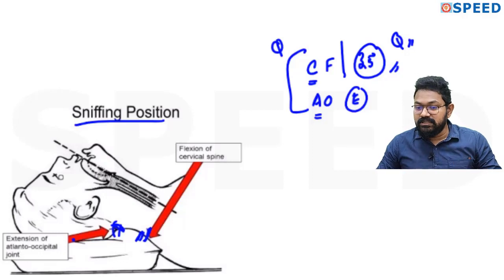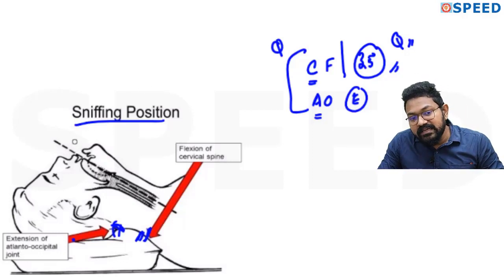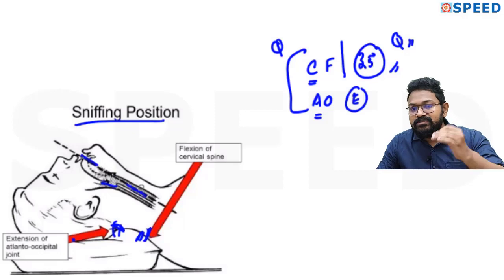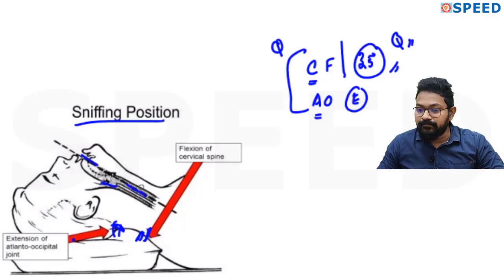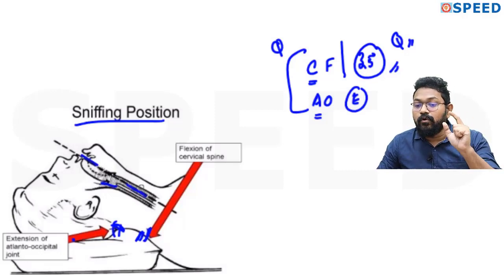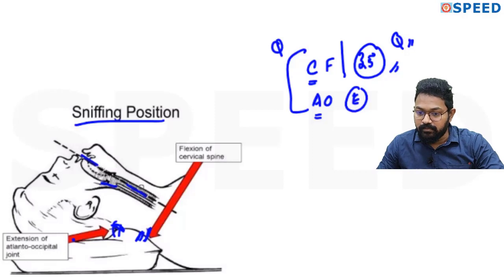But when you put the patient in sniffing position, all the three axes align and you can get a single line here. This is oral axis here, pharyngeal axis here and laryngeal axis here. Everything has come in alignment so that it will be easy for you to intubate. Right? So there is alignment of the oropharyngolaryngeal axis. That is how you achieve oropharyngolaryngeal axis alignment, by using your sniffing position.